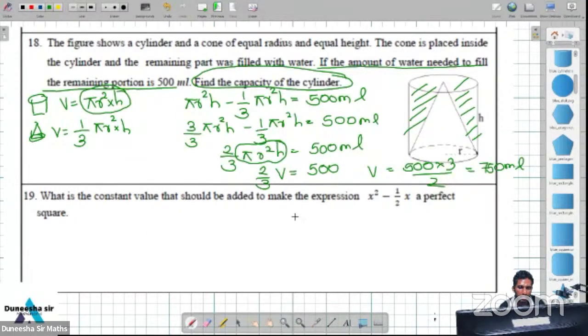Write the constant value that should be added to make the expression x squared minus 1 over 2x a perfect square. What is a perfect square?